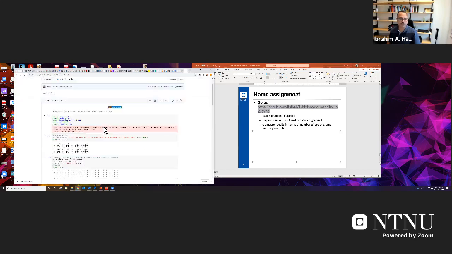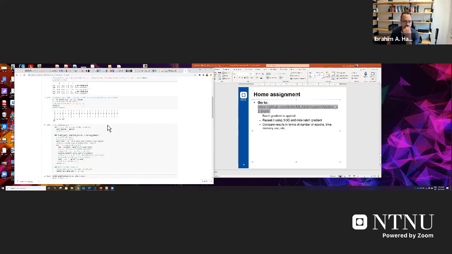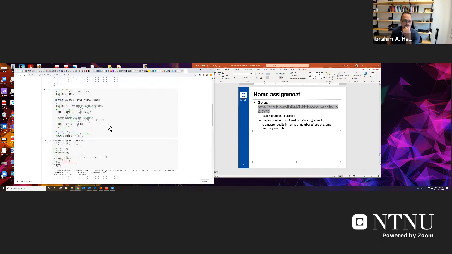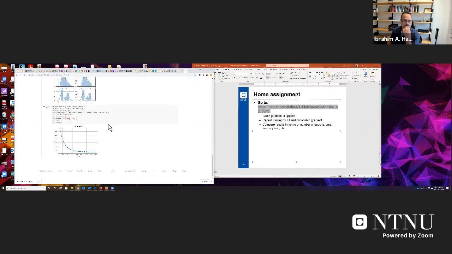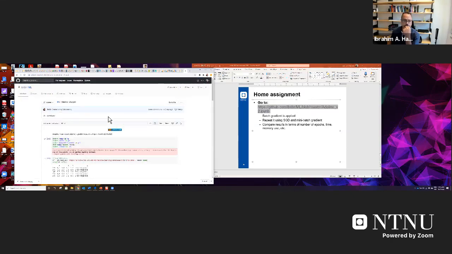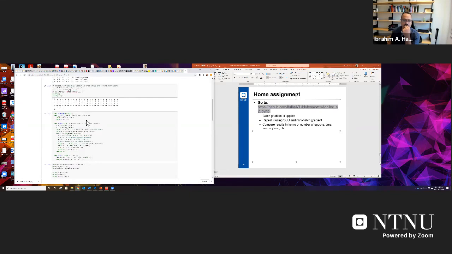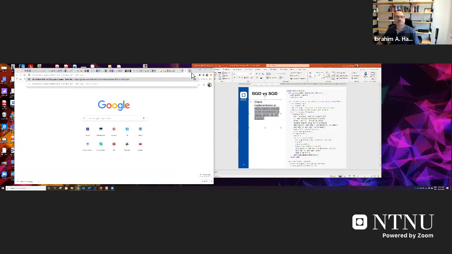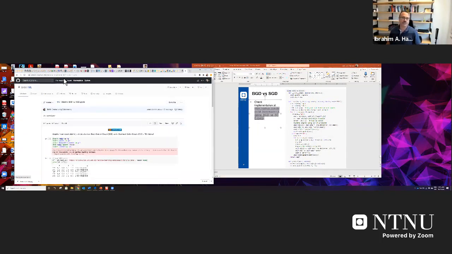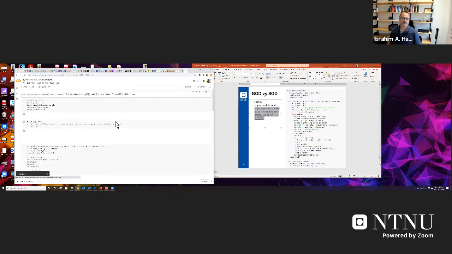Okay, no, it's another one. It's adaptive linear unit BGD versus SGD. Yes, this one.